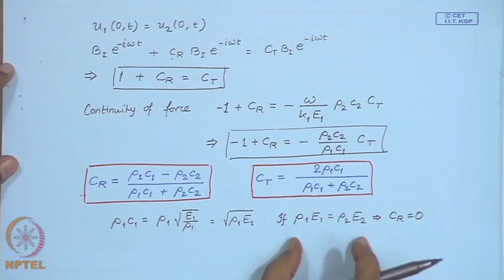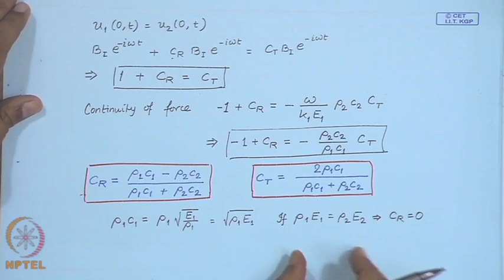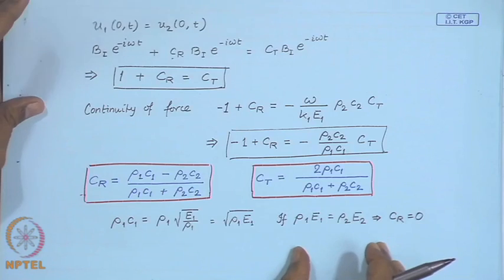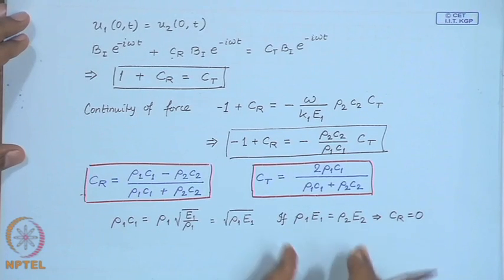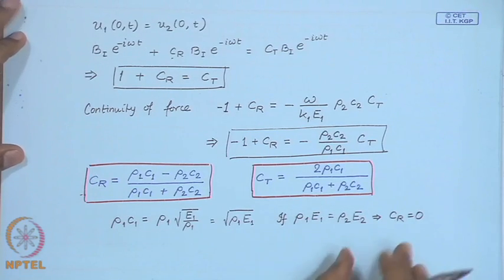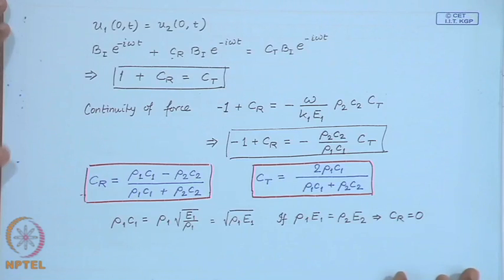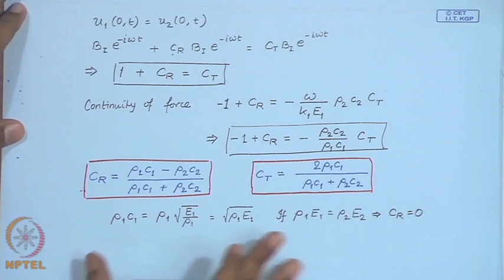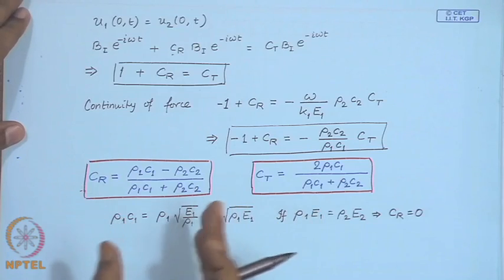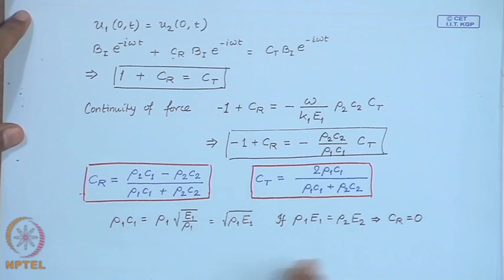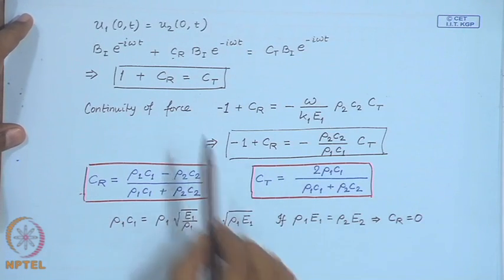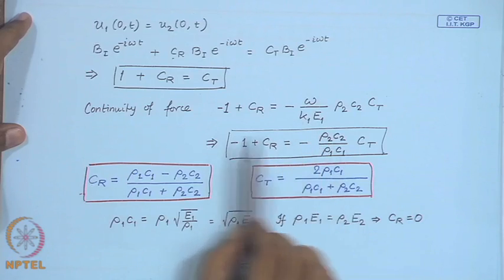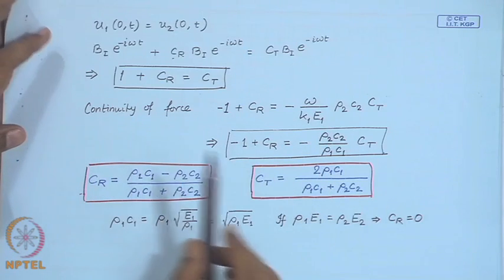But this is a hypothetical situation, a theoretical possibility that this product is the same for two materials, but then it may not occur in nature. So, when we have this junction of two materials, there is some transmission, there is some reflection.